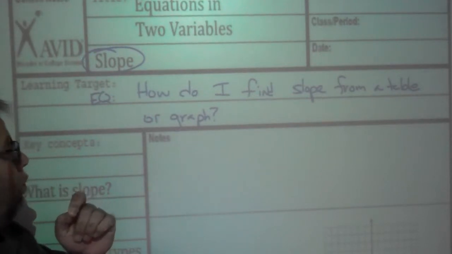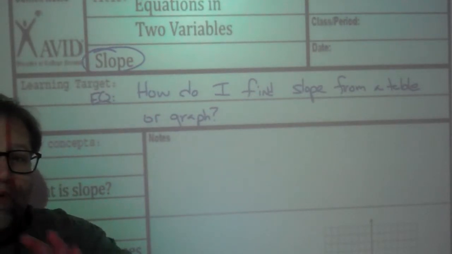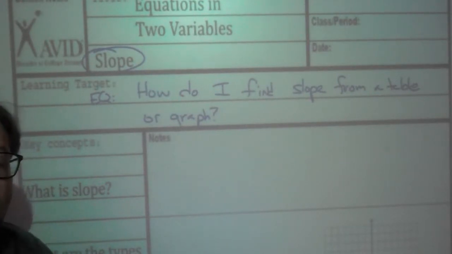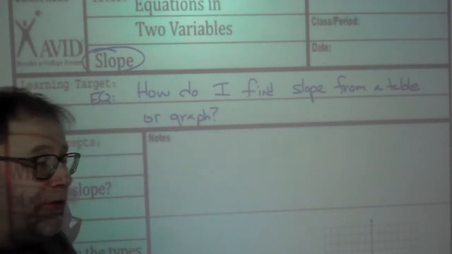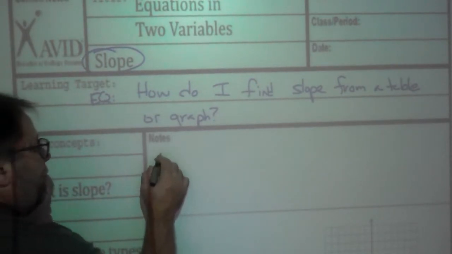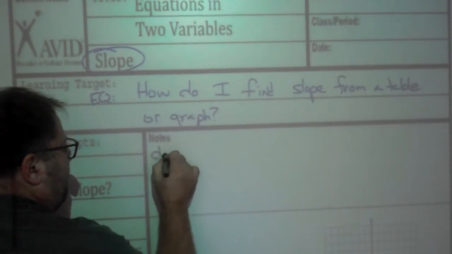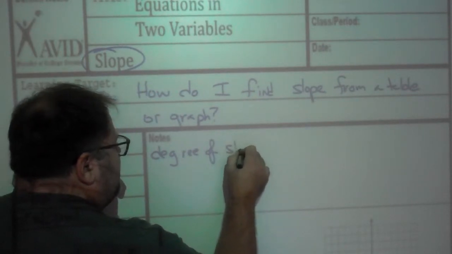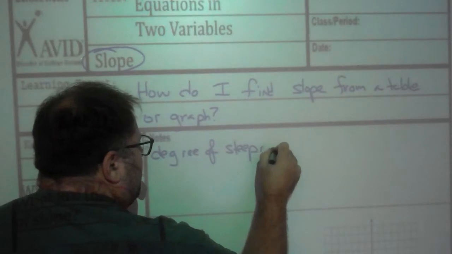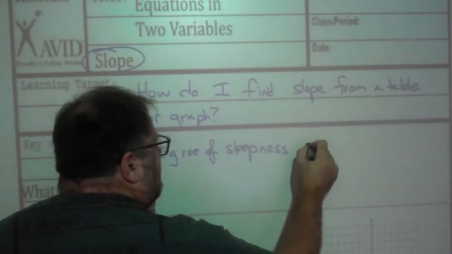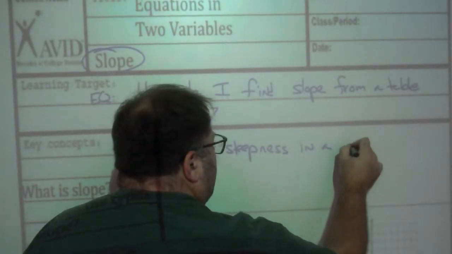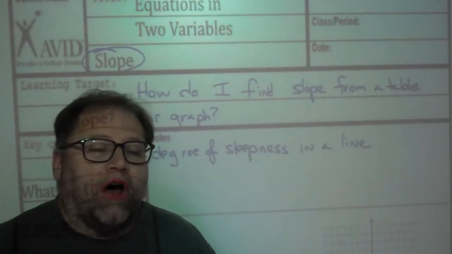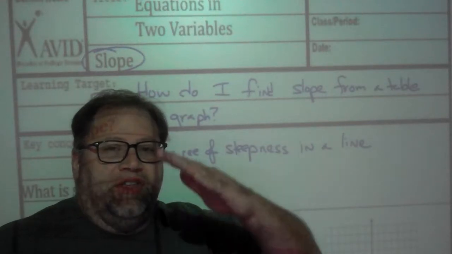Now, when we talk about this, slope is an interesting thing because it measures the degree of steepness in a line that we create from an equation. So, what is slope? It is the degree of steepness in a line. If you think about that, we're talking about anything that's sort of angled.